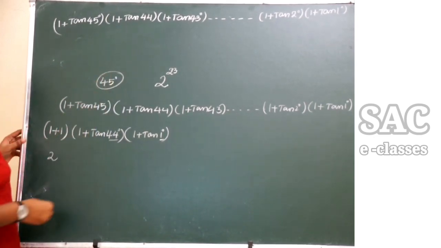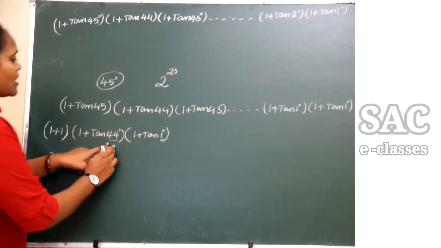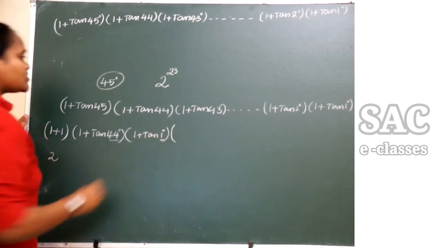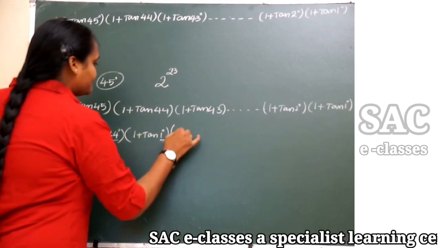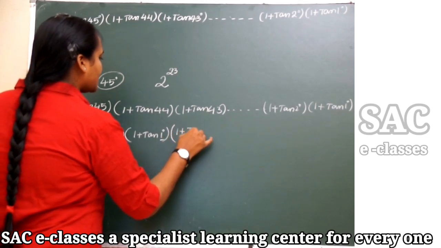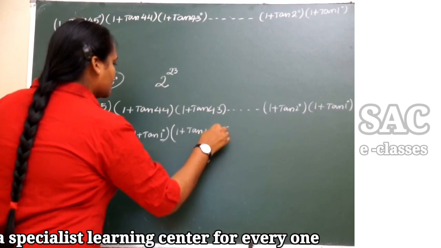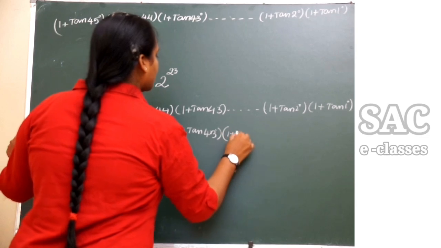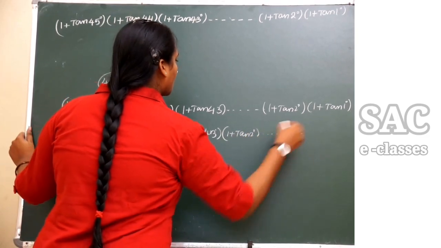So I am selecting pairs whose sum of angles is 45. In the same way, can you select the next pair? Yes, obviously: 1 plus tan 43 degrees into 1 plus tan 2 degrees, and so on.